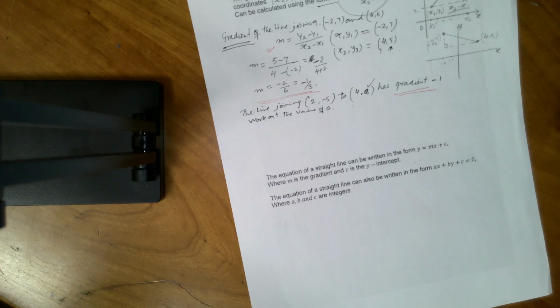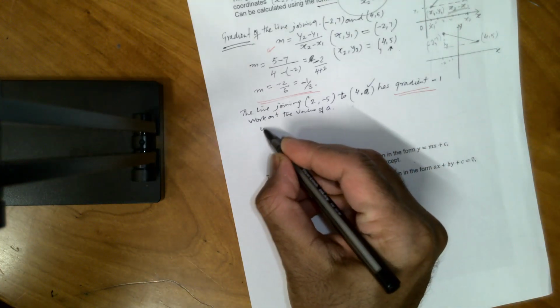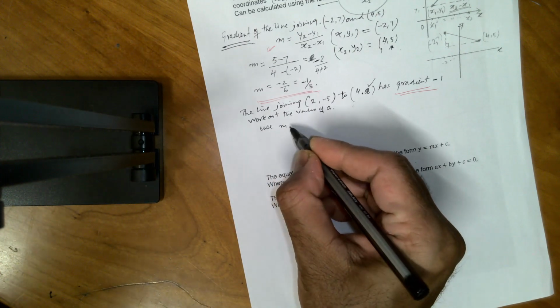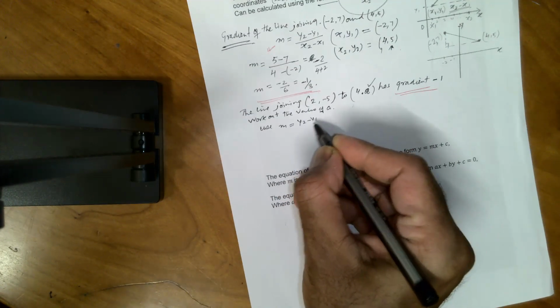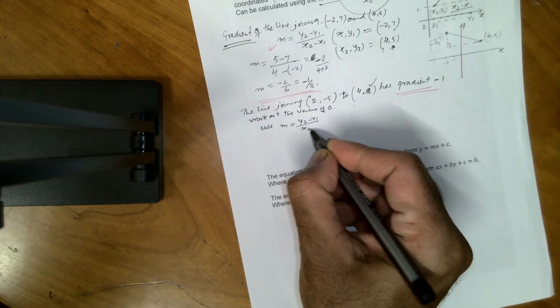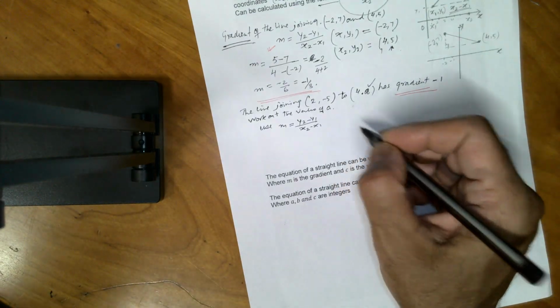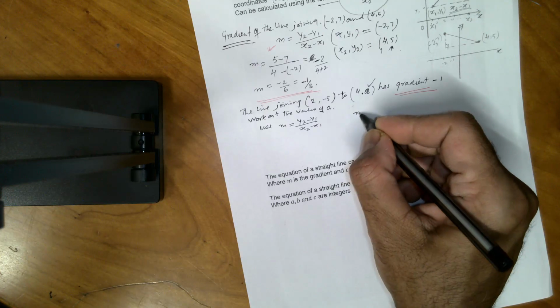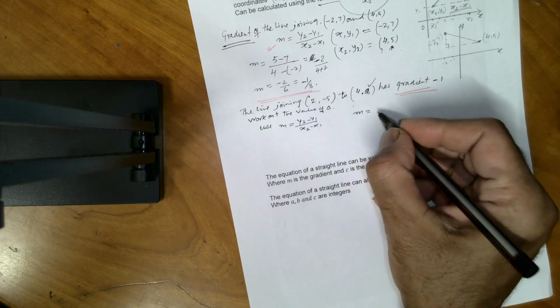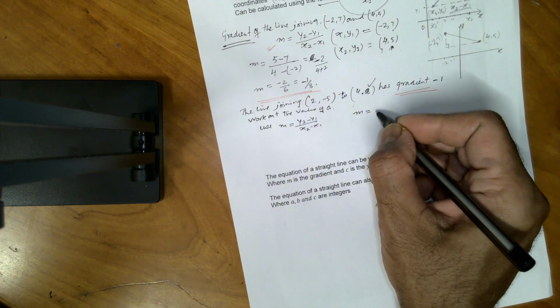How would you do that? In this one, we will just use the formula first. So use m equal to y2 minus y1 over x2 minus x1. That's your formula. So here we have m, because the gradient is given to you, gradient is equal to -1.